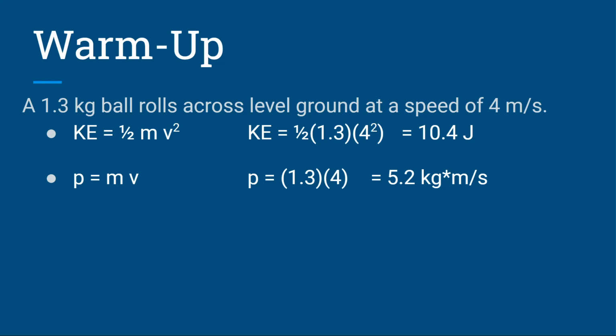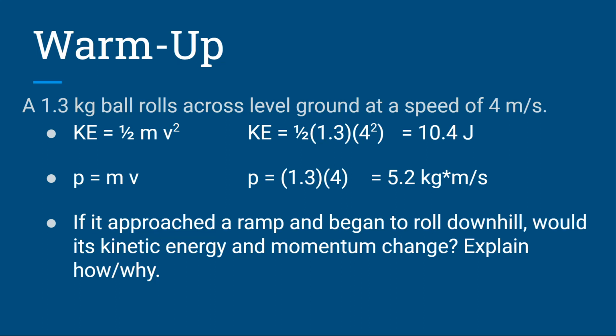Okay, so those calculations should be pretty straightforward and they're not new. The last question shouldn't really be new either. If this ball then rolls down a ramp, does its kinetic energy change? Does its momentum change? What do y'all think? Does it change? Yeah, I see nods. Okay, why would its kinetic energy change? Because the velocity goes up.